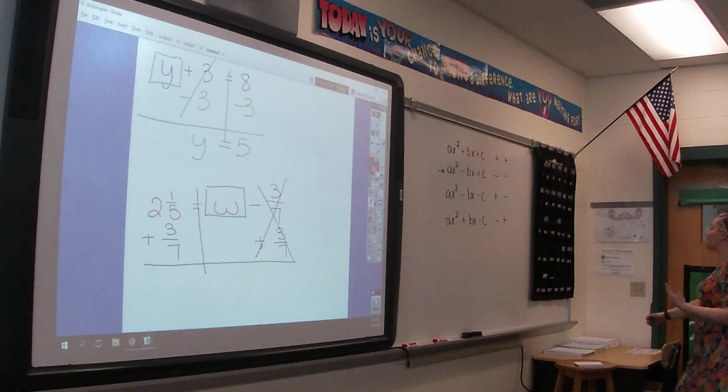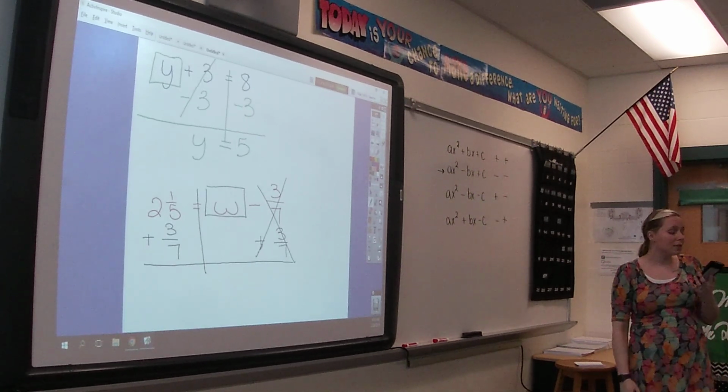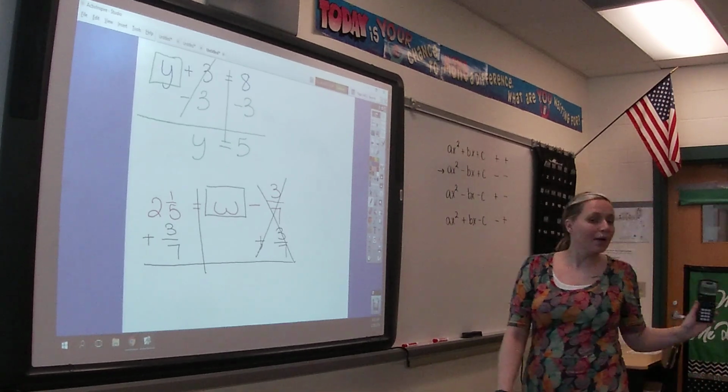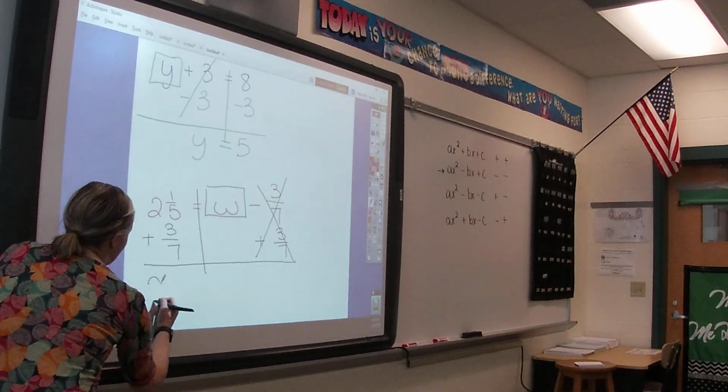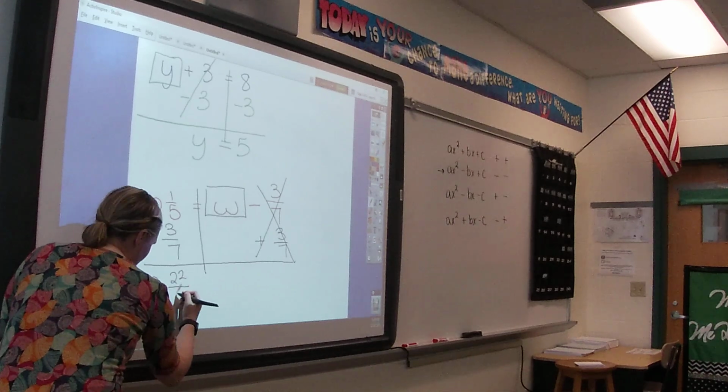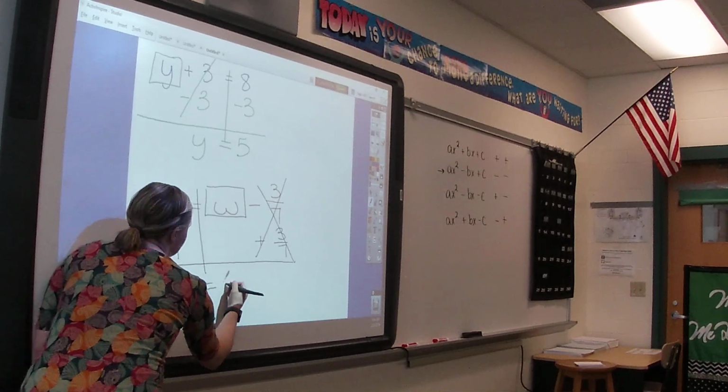Then we will pick up our calculator and type in 2 fraction 1 over 5 plus 3 fraction 7, equals, and it will just tell you the answer. We'll get 2 and 22/35ths.